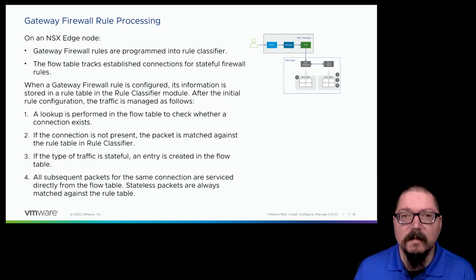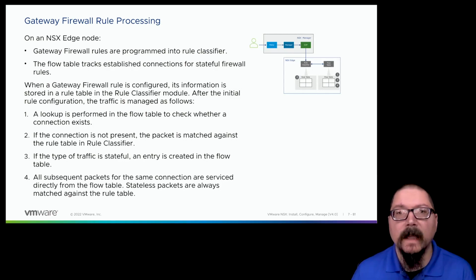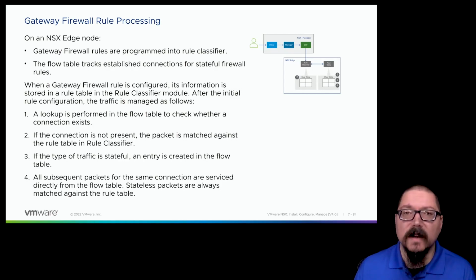If we have a connection table miss, then we'll look at the rule table, which is programmed into a function called the rule classifier. The rule classifier maintains our table of firewall rules, and it processes just like any other firewall rule table. We'll start at the top, work our way down until we get our first match, and then we'll act on that match. Now, if we allow that packet, we'll go ahead and forward that packet and update the flow table. If we drop or reject, we're simply going to silently drop or actively reject the packet.